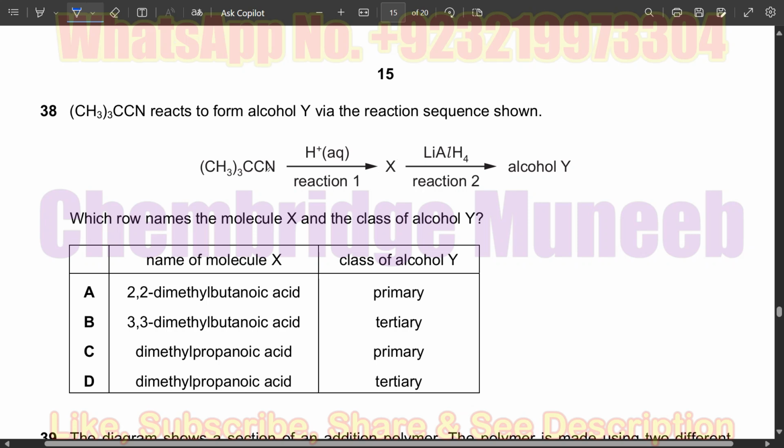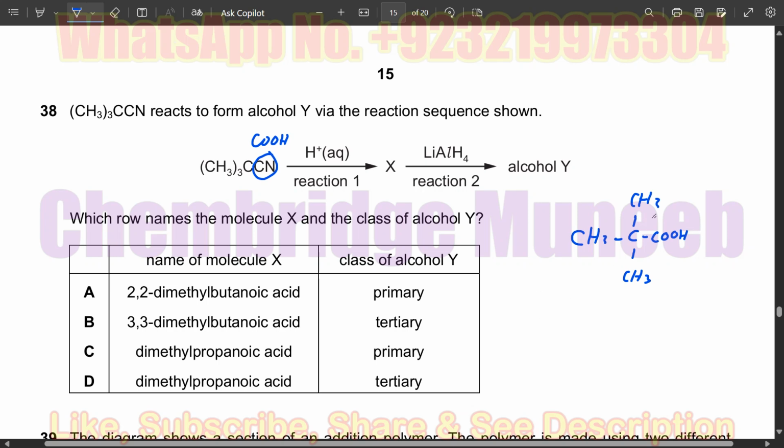So when we react them, as a result of this hydrogen ion, we get this compound CH3, C, CH3, CH3, and then this CN part will convert into the carboxylic part. So COOH.